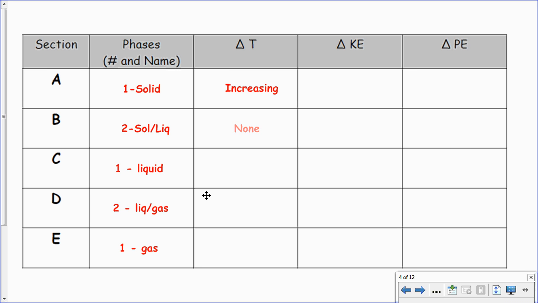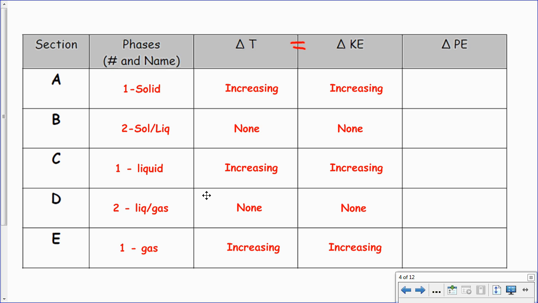The change in temperature in section A is increasing because it's a sloped line. In section B and D, there is no change in temperature because it is a flat line. The change in kinetic energy is directly related. In your mind, you can almost think delta T equals delta KE. You can see that the kinetic energy changes when the temperature changes because they're kind of a synonymous definition.